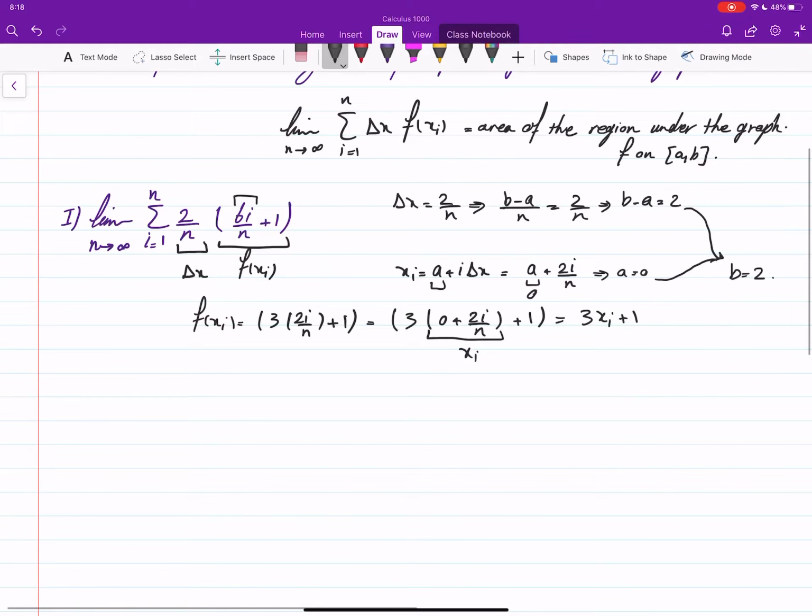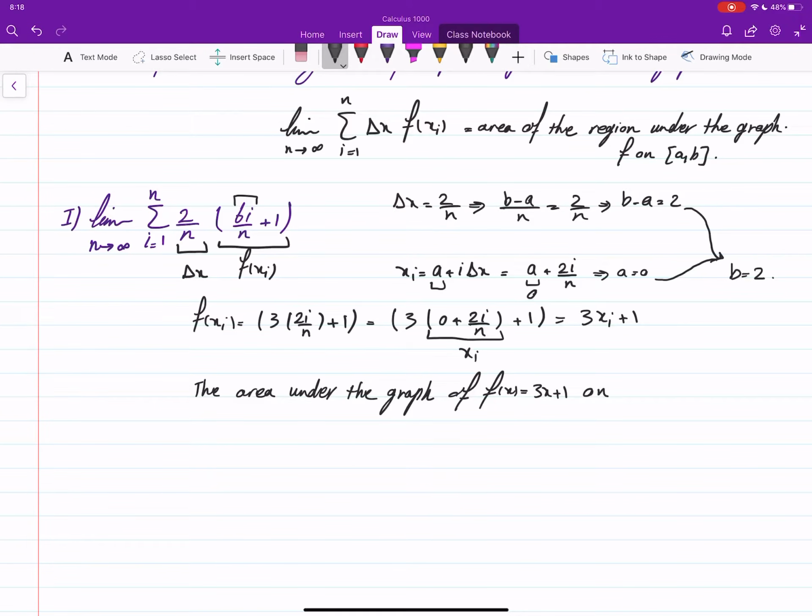What we found is that this limit is the area under the graph of f of x equal to 3x plus 1 on the interval where a is 0, b is 2.